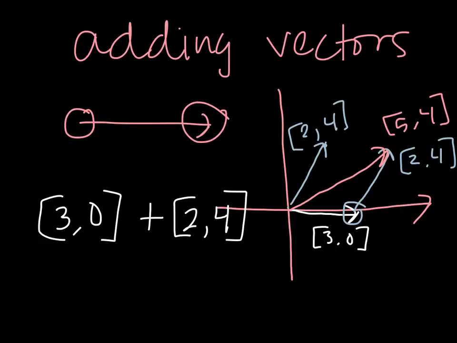And all I simply do is add the x components and the y components. 3 plus 2 is 5, and 0 plus 4 is 4. So the resulting vector from beginning to end is 5, 4.